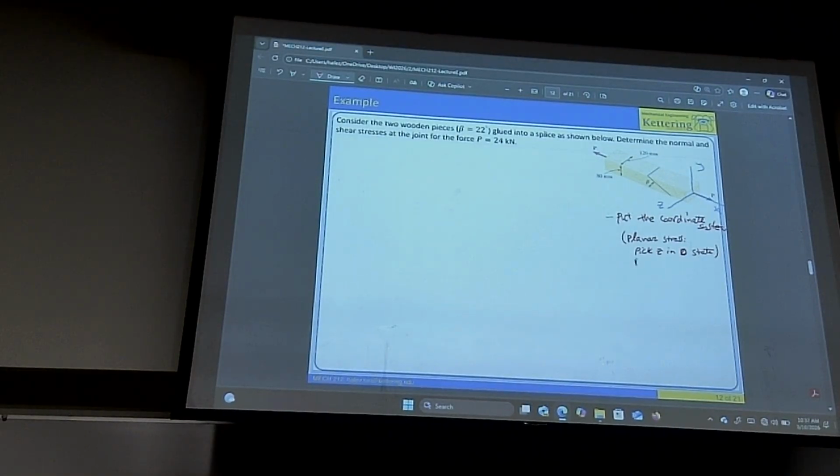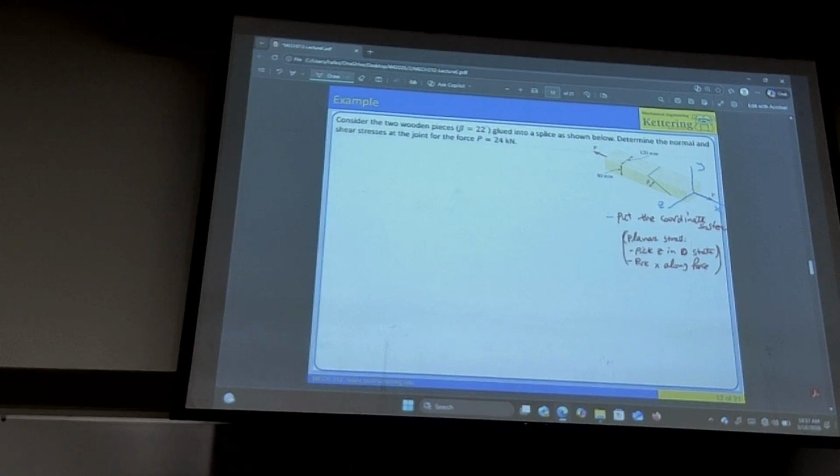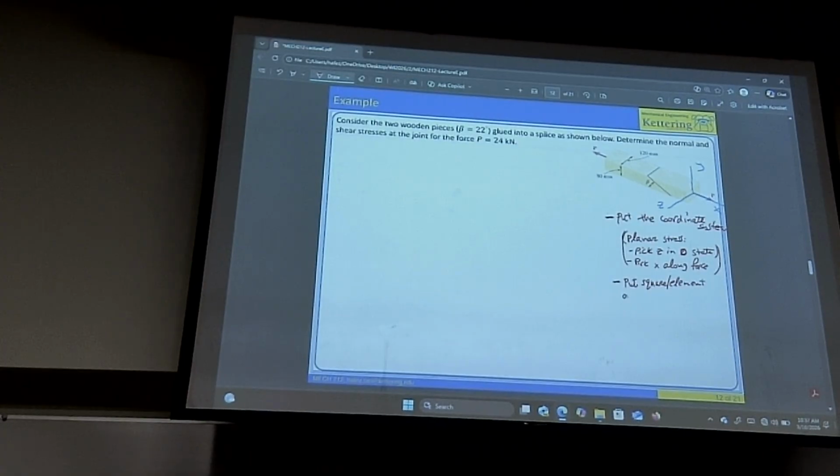Pick X along the axis of the force. Then put a square or element on the x, y side of the object.